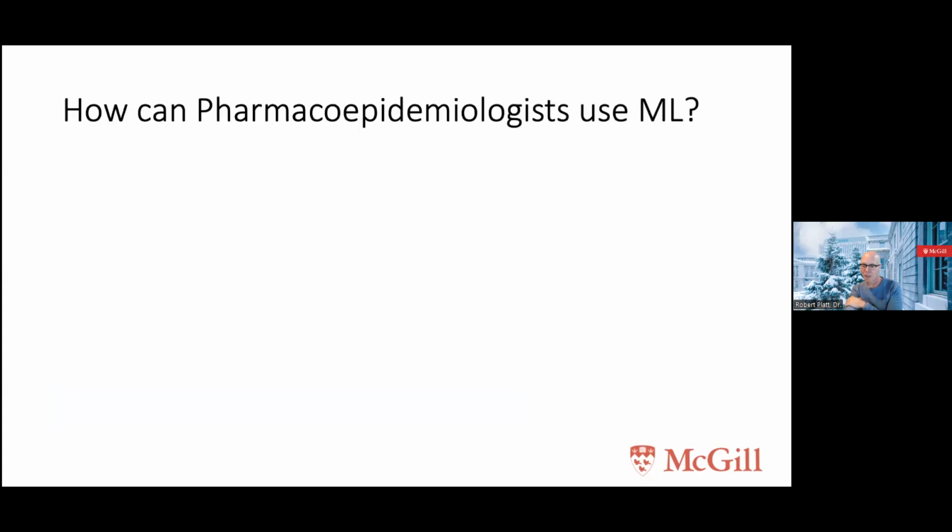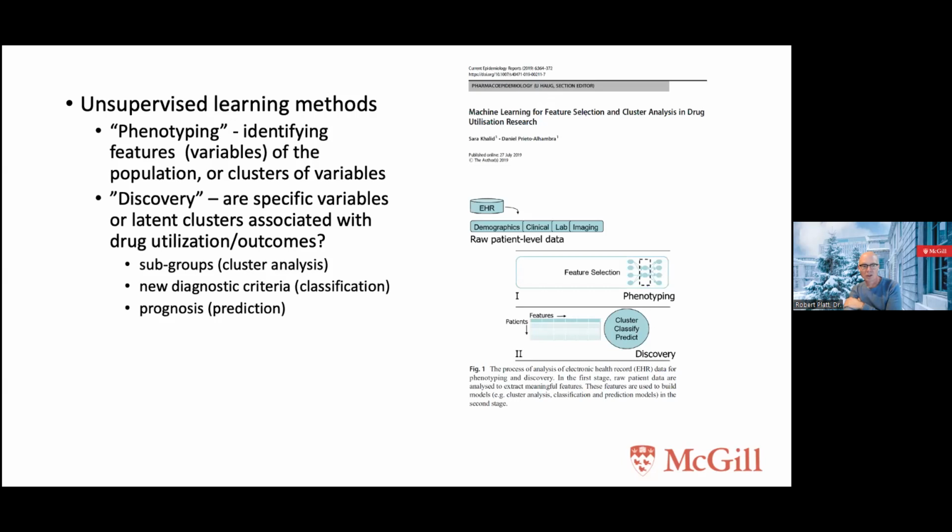So I'm going to dive into a couple of simple examples of how pharmacoepidemiologists can use machine learning tools. Okay, so I'm going to talk first a little bit about unsupervised learning.